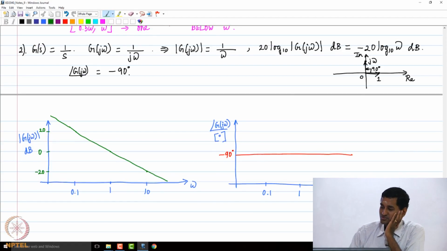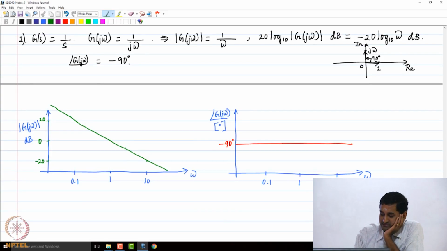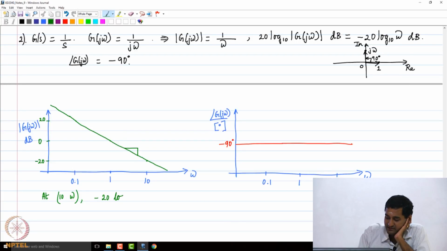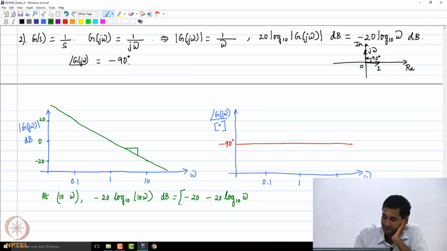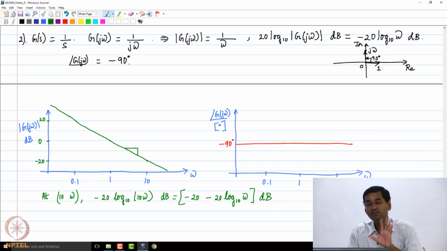Now what do you think should be the slope of this line? The way we calculate it is the following. The function under consideration is minus 20 log omega. At 10 omega, what are we going to get? We are going to get minus 20 log to the base 10 of 10 omega decibels, so this is going to be minus 20 and minus 20 log to the base 10 omega. So you take any omega, the value is minus 20 log omega decibels.